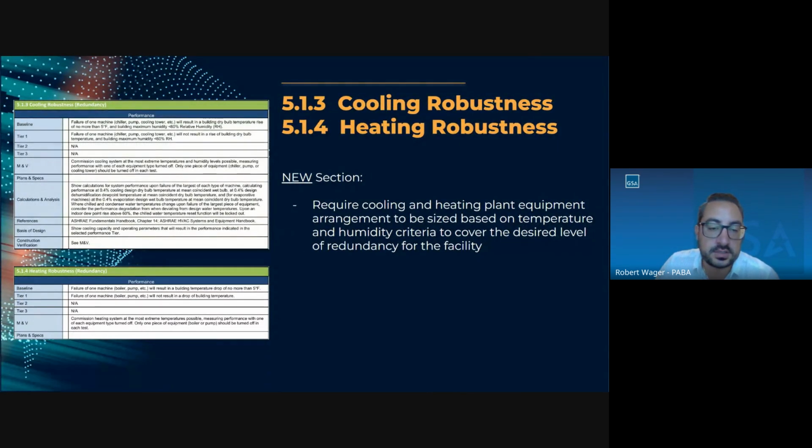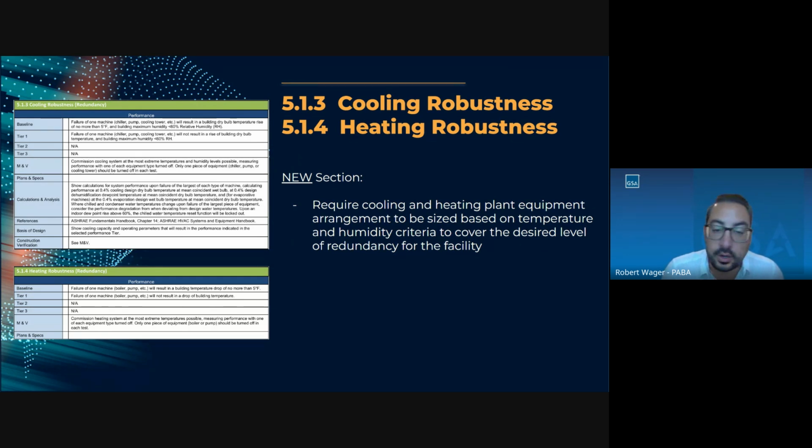The next section is a pretty substantial update, cooling and heating robustness. If you're familiar with the last P100, there were pretty specific requirements for the arrangement of, say, chillers or boilers to satisfy heating and cooling criteria for facilities.